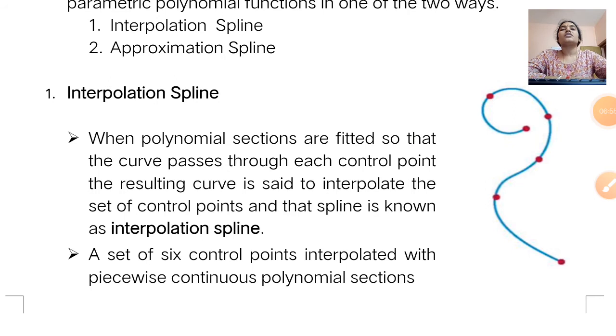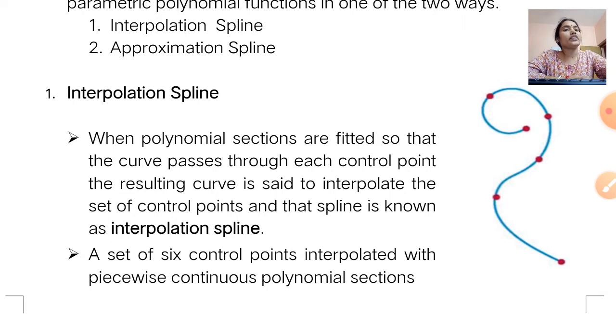Let us discuss what an interpolation spline is. When polynomial sections are fitted so that the curve passes through each control point, the resulting curve is said to interpolate the set of control points. That spline is known as an interpolation spline. That means in an interpolation spline, the curve passes through each control point.